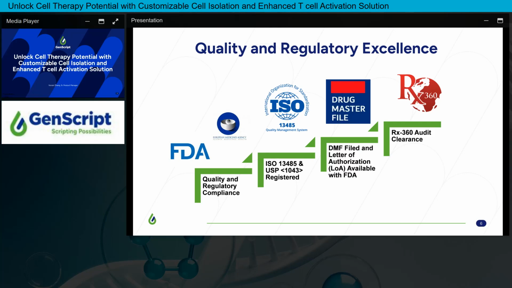And recently, we also got clearance for the RX360 audit system so that the products and the facilities are ready for remote auditing in addition to on-site auditing as well. With all of that, the products can deliver the quality and regulatory readiness to support clinical trials and IND applications in the US and globally.